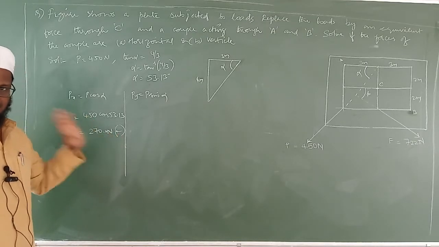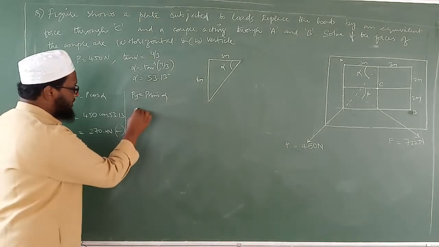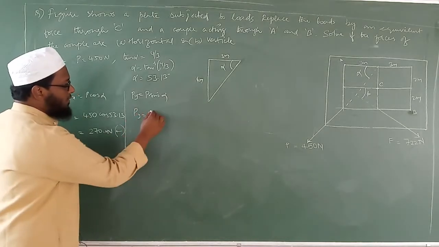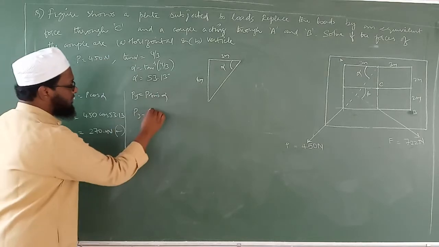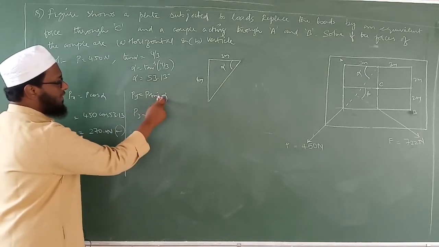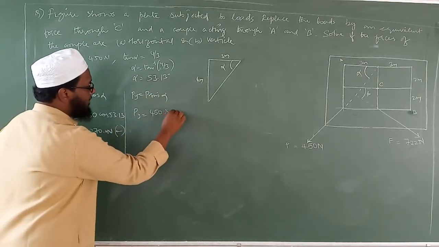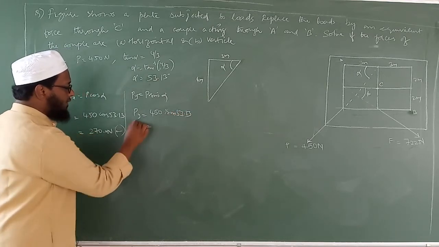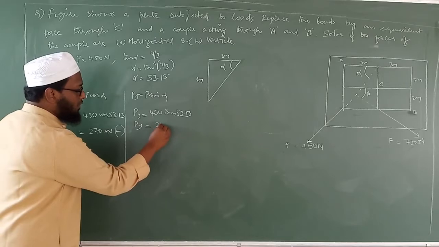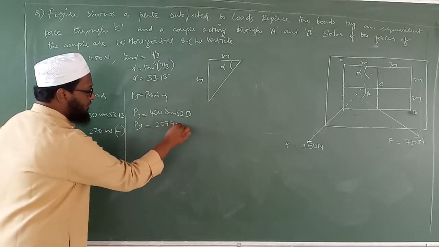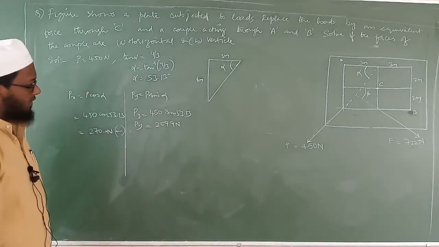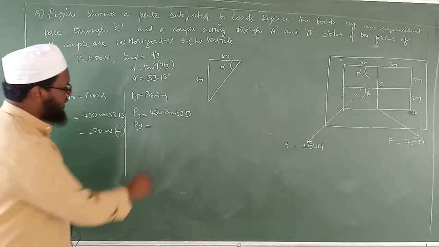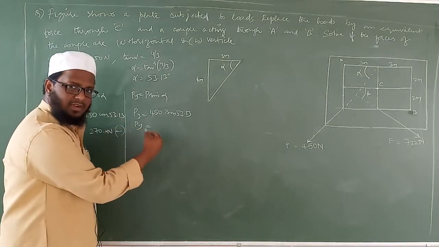Okay, able to follow? Now Py is equal to, what is the value of P? We have 450. What is the value of sin alpha? Sin 53.13. So what is the value for Py? 359.9, so can we take 360?